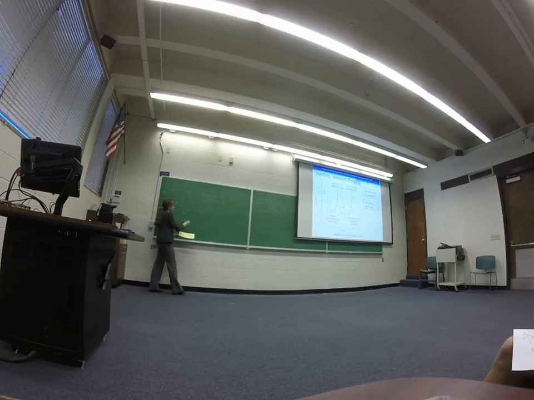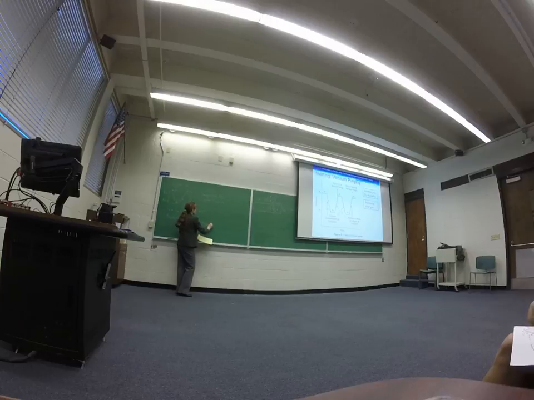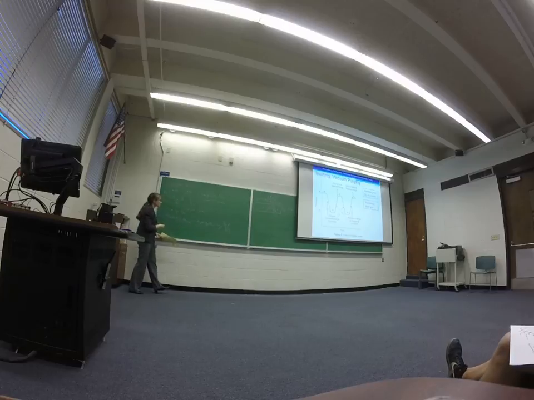N1 is equal to our Y0 times N low, which is Y0 times P low V over RT. Okay, so how much oxygen did we add?